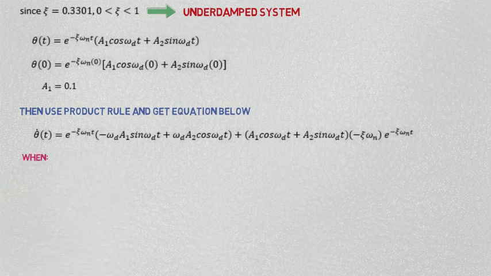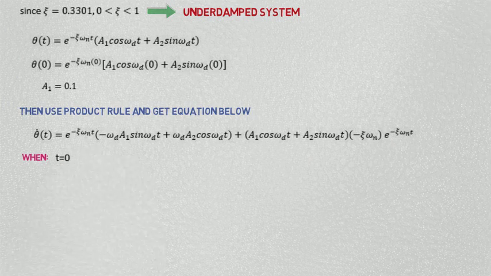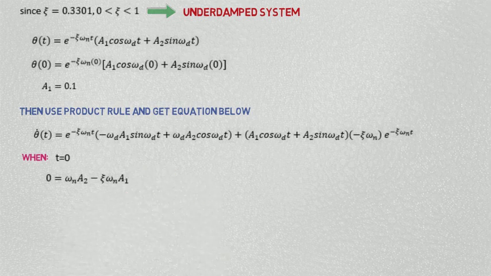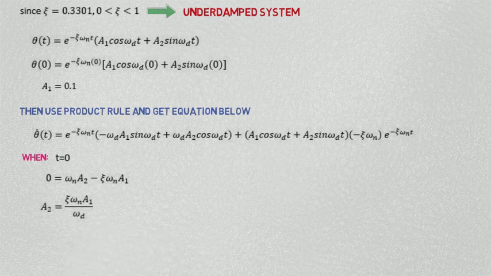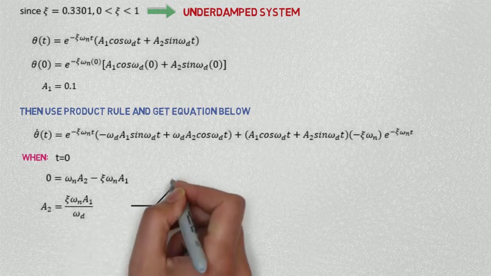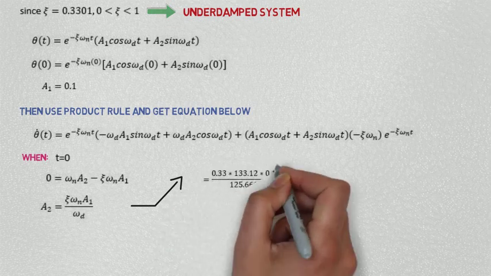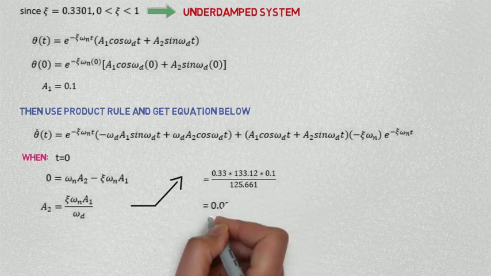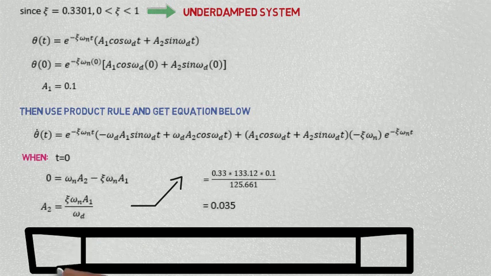From the equation, when t is equal to 0, you will get the coefficient of A2. Substitute the values of zeta, omega n, omega d and A1 to get the value of A2, which is 0.035. And you will get the final equation of theta in terms of t by substituting the values of zeta, omega n, A1, omega d and A2.